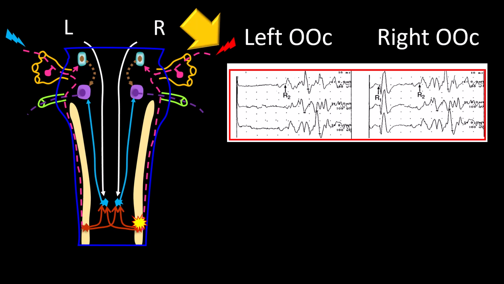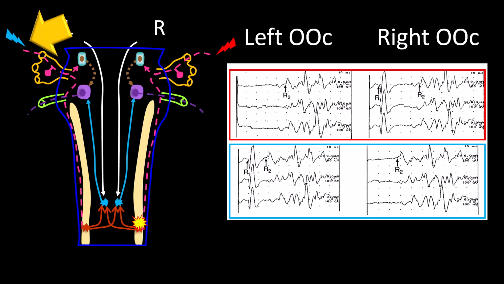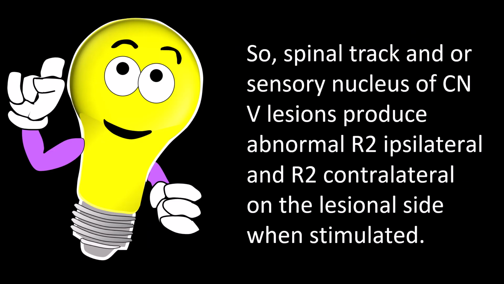If the lesion produces conduction slowing, stimulation ipsilateral to the lesion generates a normal R1 but a delayed R2 ipsilateral and R2 contralateral. Upon stimulation of the non-lesional side, in this case the left, the study will be normal. So a spinal tract and/or sensory nucleus of cranial nerve 5 lesion produces abnormal R2 ipsilateral and R2 contralateral on the lesional side when stimulated.